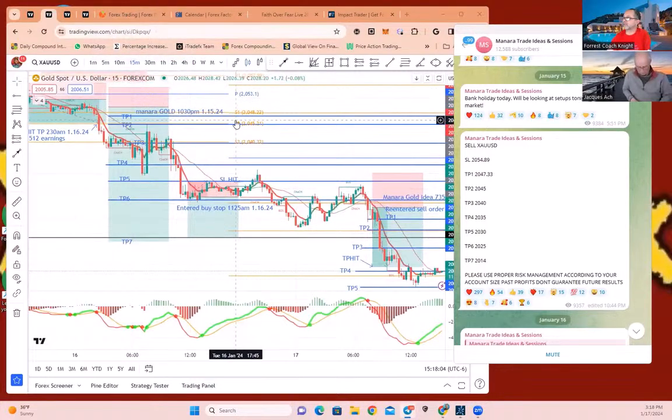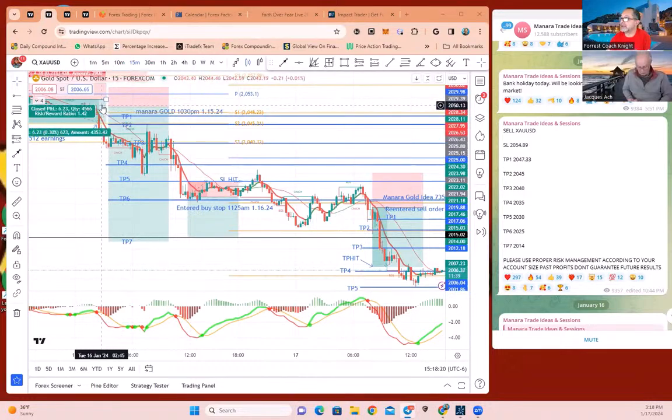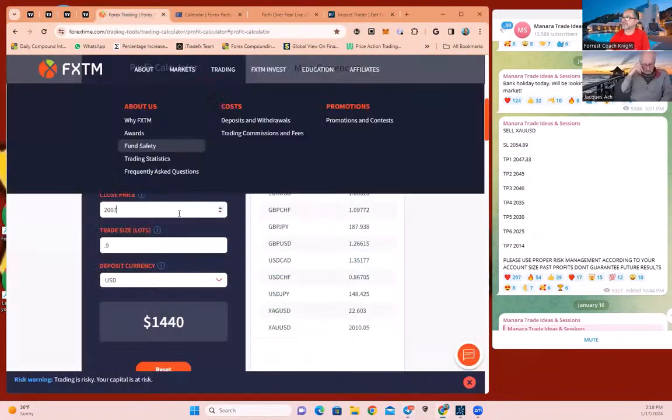Let's come up here to the Forex calculator and let's see if I can do this so it makes sense. Let me scoot that over a little bit. So our entry, why do I have such a hard time doing this? 47, 45, 40, so it's going down. So I think it was about 49 is where the entry is. We'll say 2049, right?